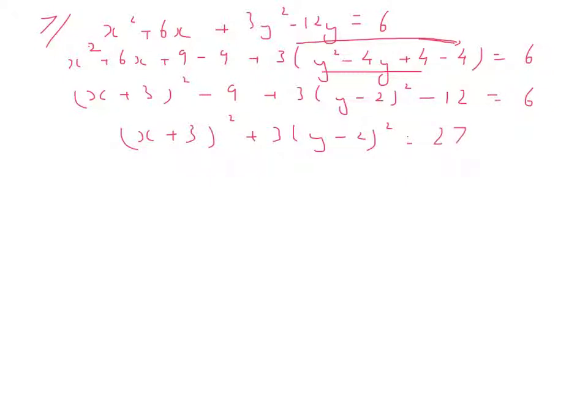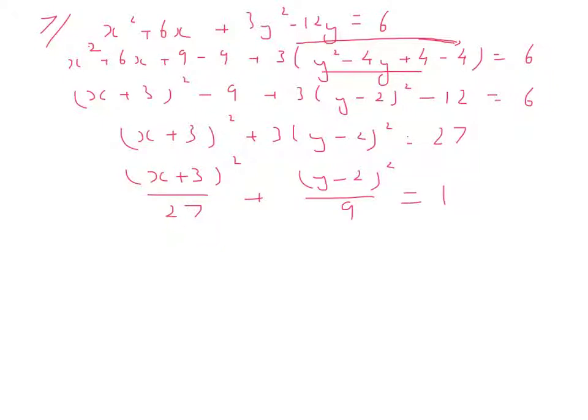So now I'm going to divide everything by 27, so you're going to get x plus 3 squared over 27 plus y minus 2 squared over 9 equals 1.